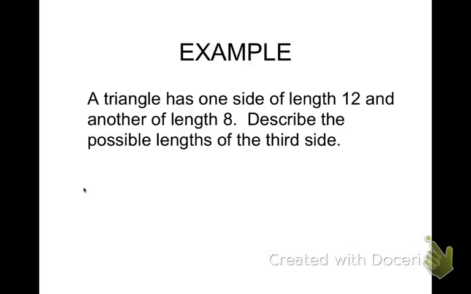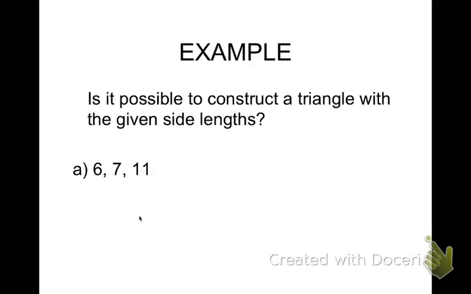Okay, so now, in our next example, instead of just giving you two sides and coming up with a third possible side, they're going to give you all 3 sides, and then you need to decide, could a triangle be constructed? So, check all of your combinations. 6 plus 7 makes what? 13.